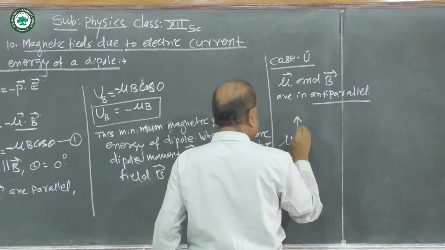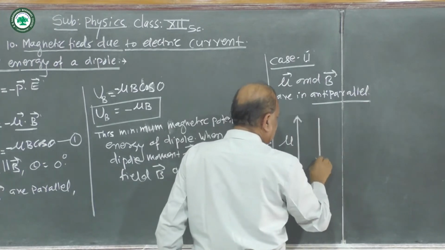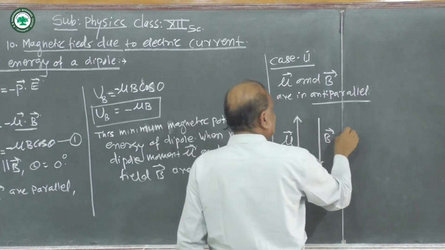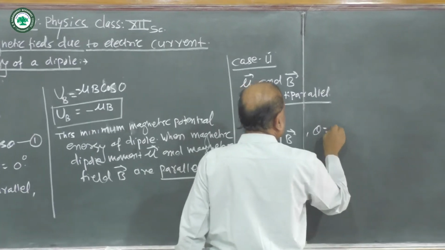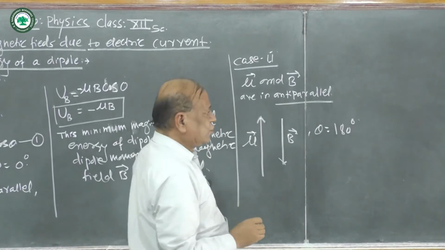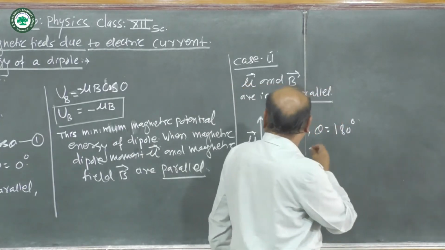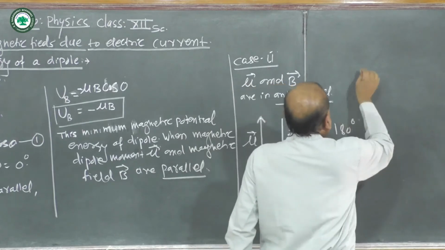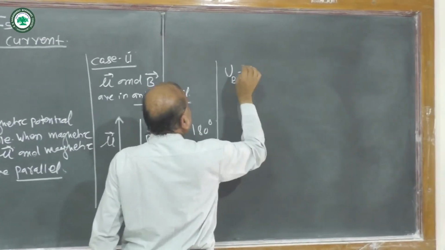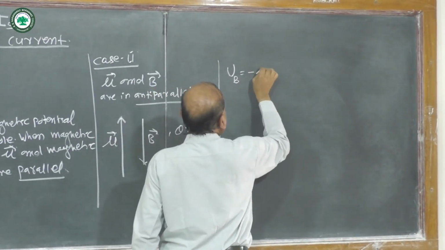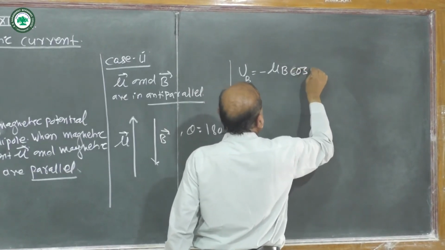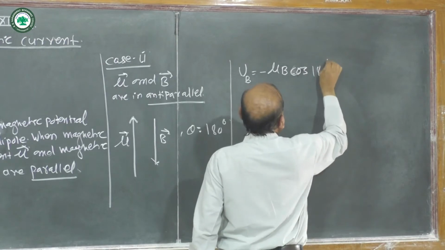This is mu bar, the magnetic dipole moment, and the magnetic field B. At that time the value of theta is 180 degree. Now the magnetic potential energy is equal to minus mu B cos 180 degree.